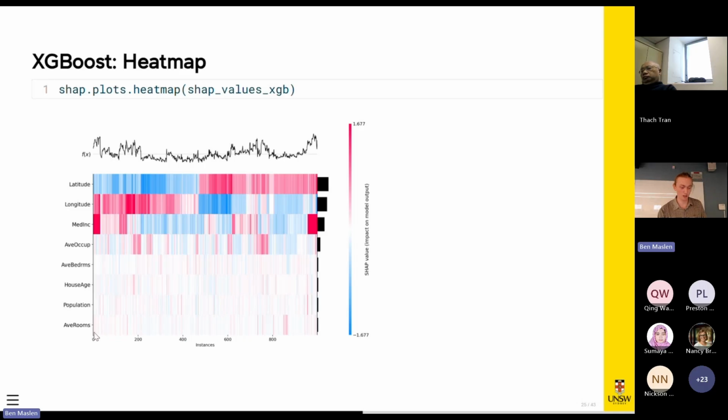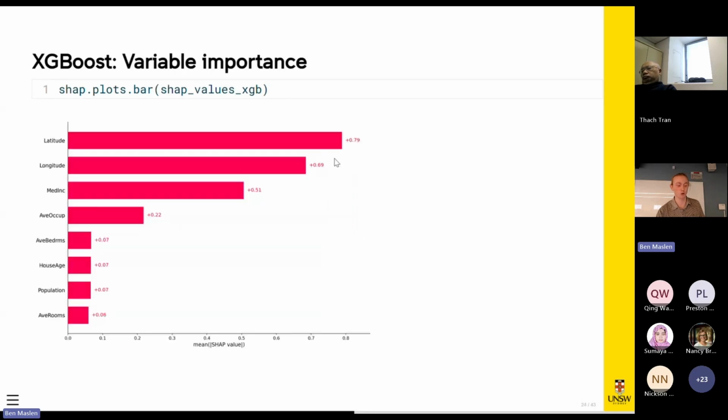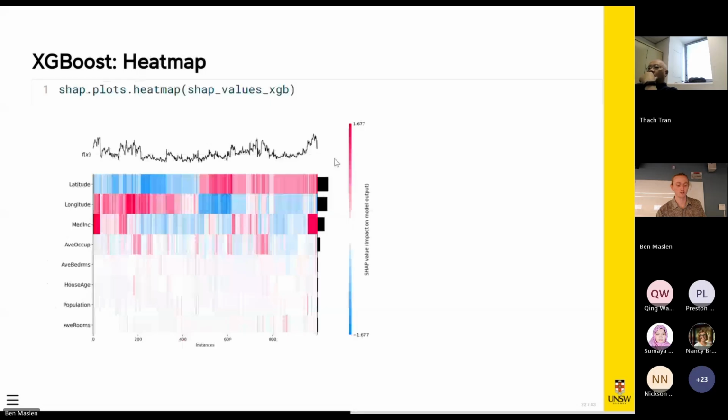So the first block would be this column here, all the way to the last block is our last column here. And it's basically like having our waterfall plots for every single sample in the data set. So this doesn't tell us anything about the direction of effects to our prediction. It's ordered based on the structure of our data.